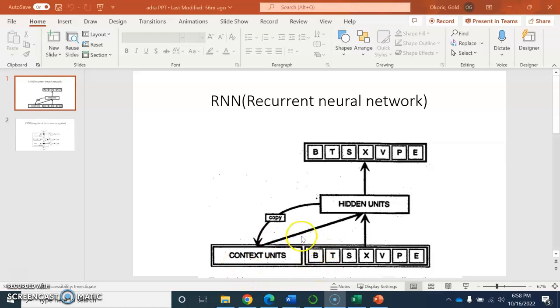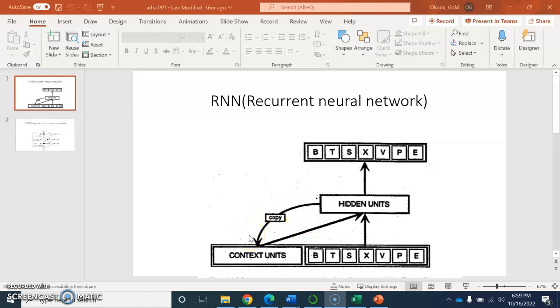Also, if you've had experience using the CNN or the ANN, we all know they have the input layer, the hidden layer, and the output layer. But the only thing that distinguishes the RNN from those other neural networks is that they use a feed-forward network, just like what it shows over here to the hidden unit in this diagram.